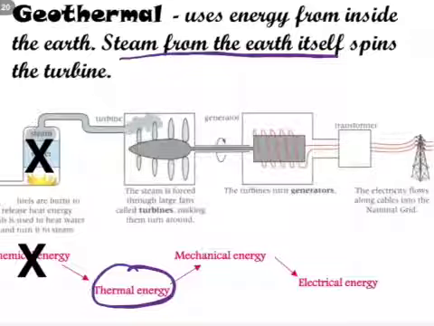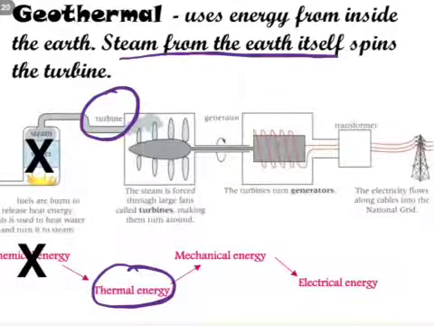Or sometimes the groundwater itself is touching the magma underneath the surface, and it gets superheated. What they can do is tap into that hot water and use it again to spin a turbine. It's going to be renewable because the earth itself is not going to stop being hot in our foreseeable future.